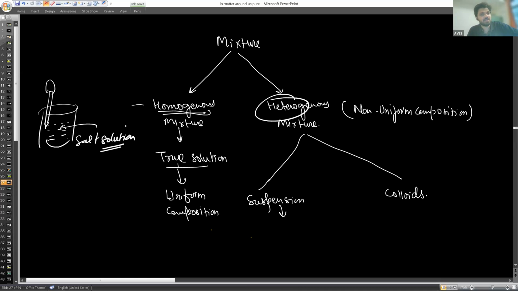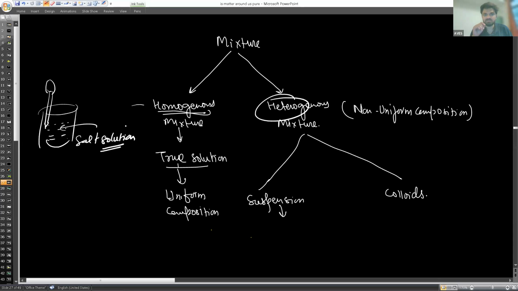Got it? For example, you dissolve some mud in water. If you take them after some time, the mud will settle down. As you go down and down, you will see more mud particles at the bottom, and at the top there are fewer mud particles.